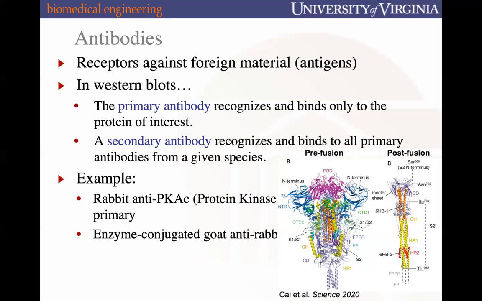So instead, you can just have this tiny Fab region that becomes a single chain fragment. There are a lot of therapies in the pipeline that are just a single chain fragment of an antibody that has the antigen binding site, but is much smaller and can cross into spaces that an entire antibody can't.